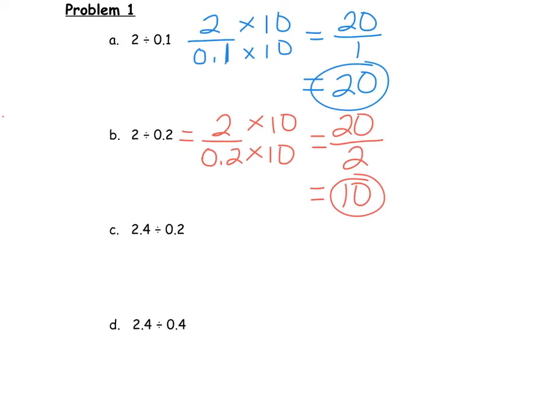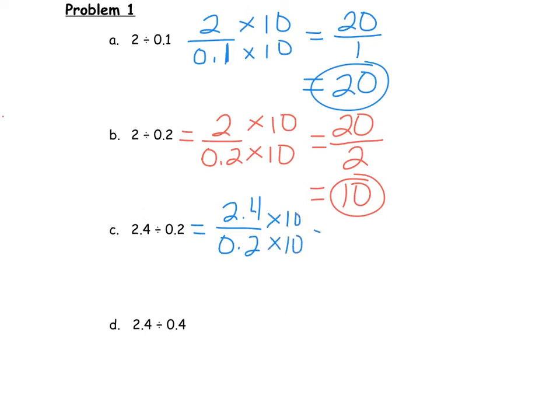Letter C, 2 4/10 divided by 2/10. So I'm going to write my dividend first in my fraction. So that's 2 4/10 divided by my divisor of 0 and 2/10, or just 2/10. So I have everything in the tenths as my smallest. So I'm going to multiply by 10.